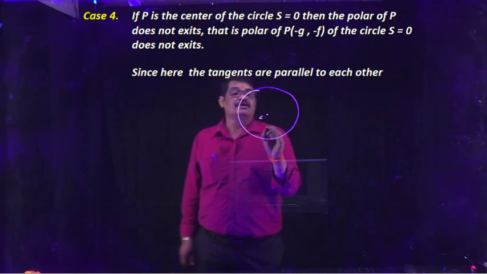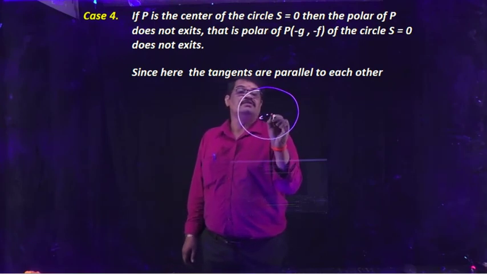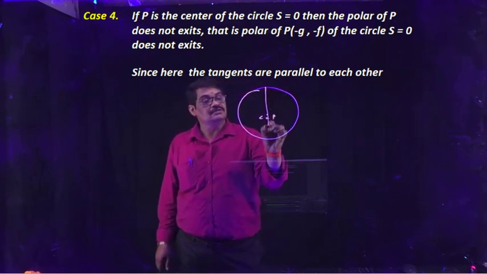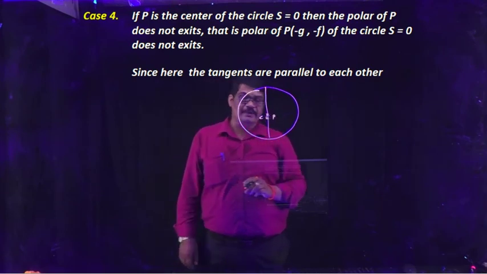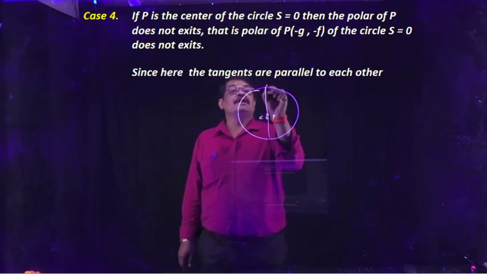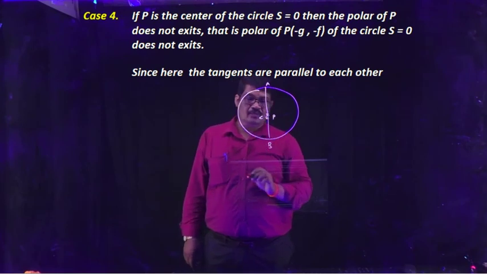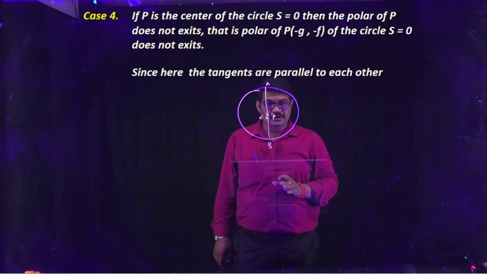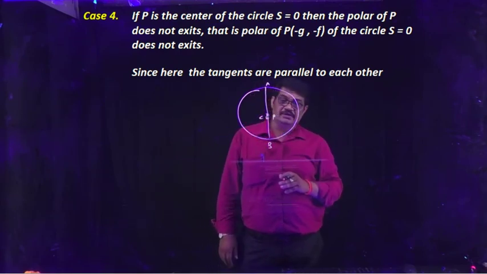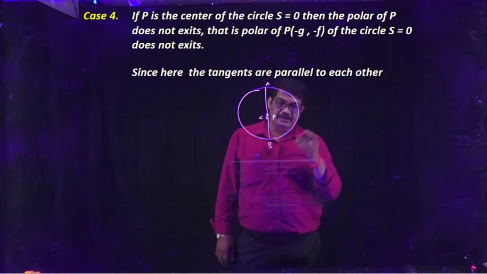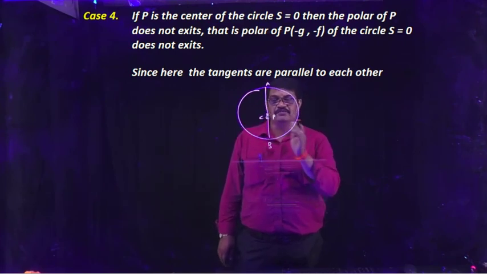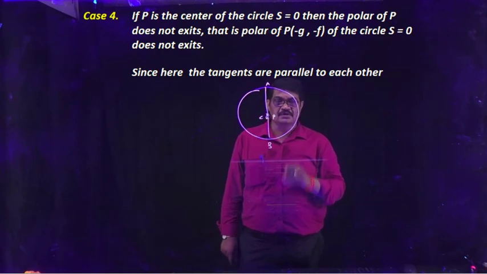Now if we take the point at the center, that is P is equal to C, draw the secants through capital P. They meet at capital A and capital B. Now we are writing the tangents at capital A and capital B. The locus of the point of intersection is the polar of P with respect to the circle. That is our polar definition.